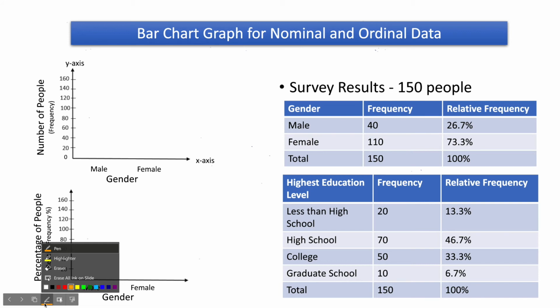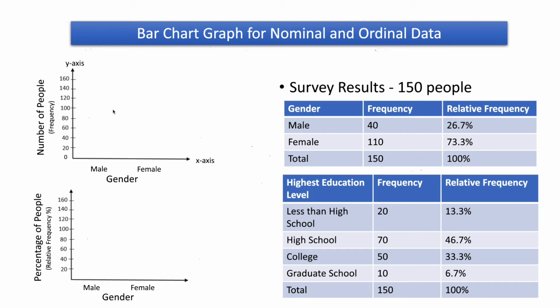Let's plot the frequency in our bar chart. So on our x-axis, we're going to have our gender. So we have male, female. And then on our y-axis, we're going to put the number of people. So for males, we have 40. So we'll go to 40. Draw a nice bar. We can shade it.